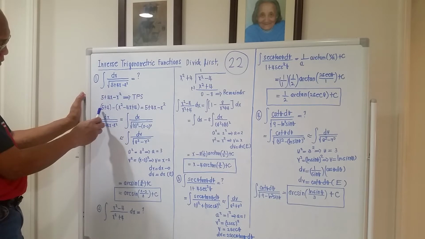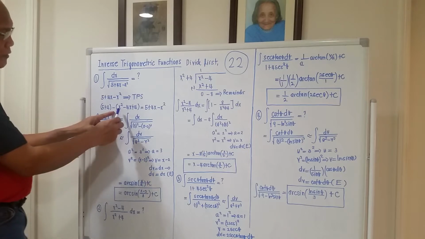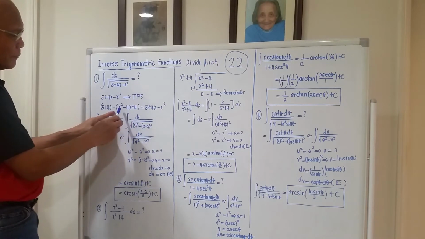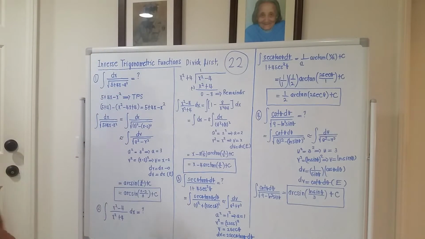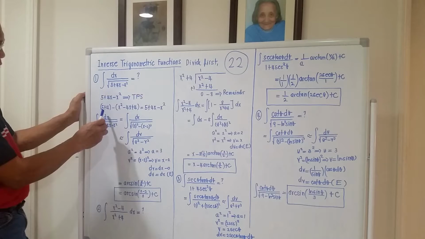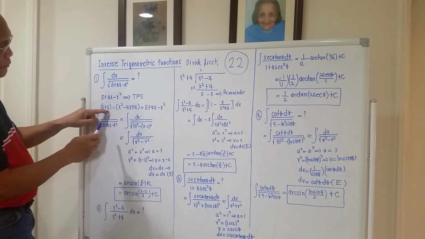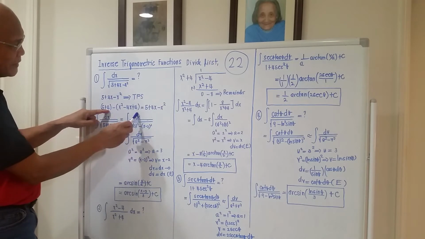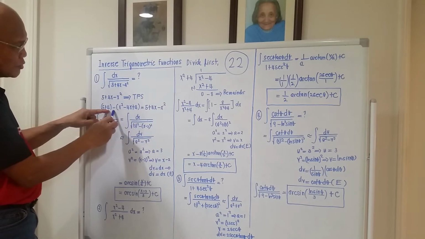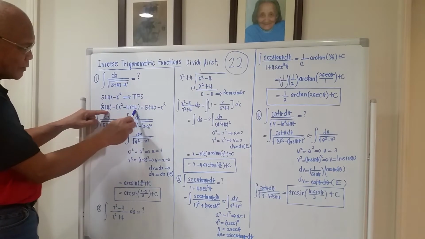I put 5 and 4 here, minus the quantity x squared minus 4x plus 4. Why did I do that? If we expand this, we added 4 here, right? But when we expand this, this is negative, this is plus 4. So minus 1 times plus 4 is minus 4. So this 4 here cancels with this.